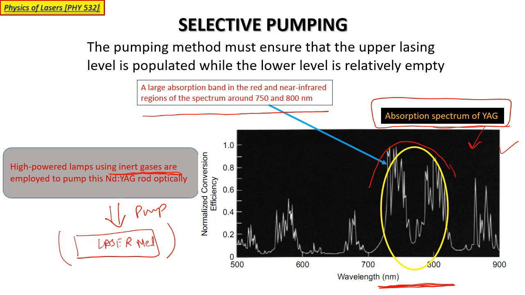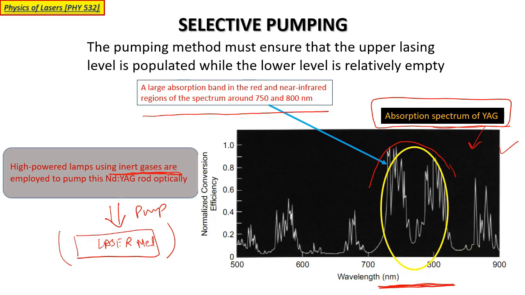In the next slide we will see some flash lamp pumping sources. But here the important thing to understand is the absorption band. We have to know the absorption band of a specific laser or specific laser crystal or rod or gas laser as well, or any other kind of laser. So we have to study the absorption band, then we decide accordingly what kind of pump source we can use.